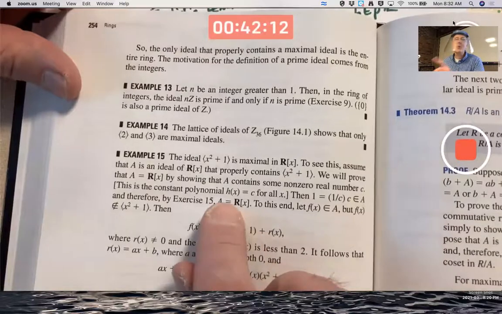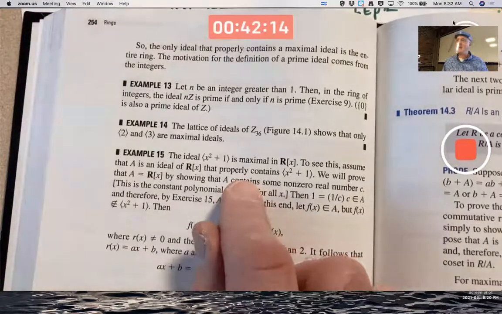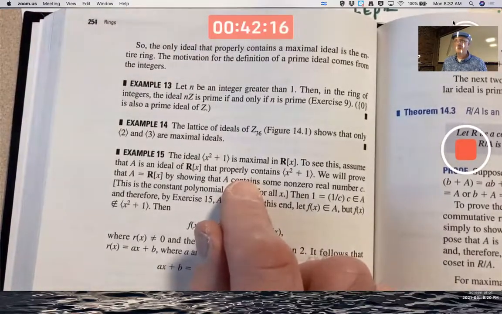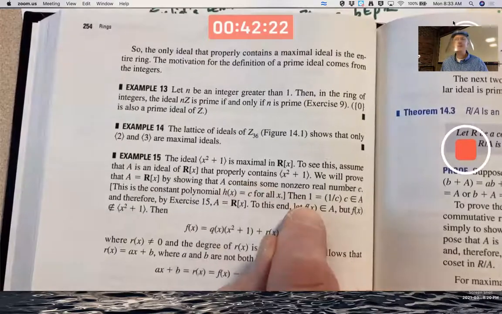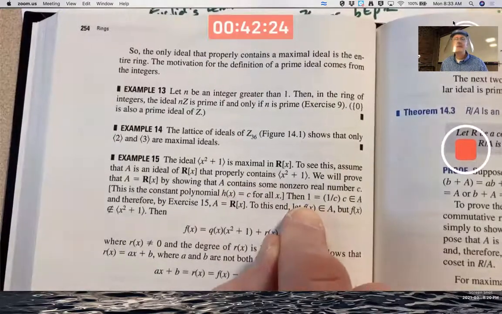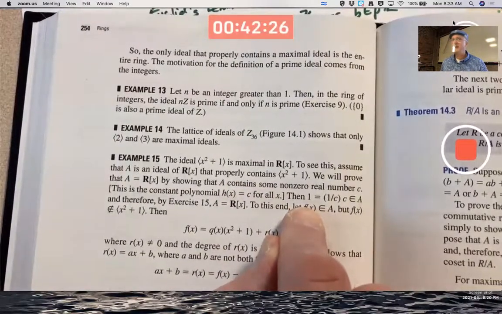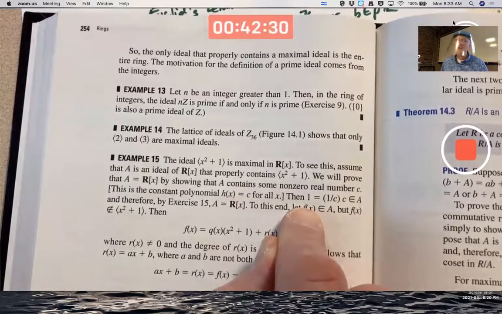How? By proving something that we talked about last Friday. In fact, I had you work on it as the very first thing in class, to prove that if an ideal contains the unity, it's actually got to be the entire ring. That's a common strategy. That's why I emphasized that problem.